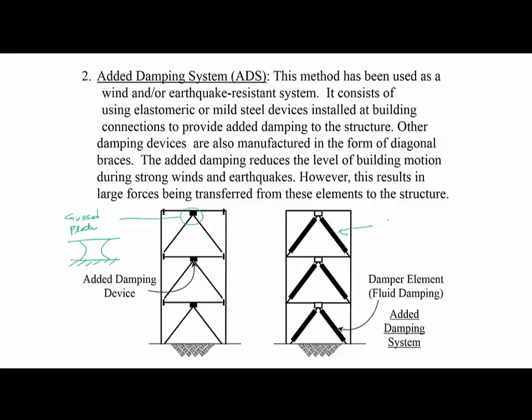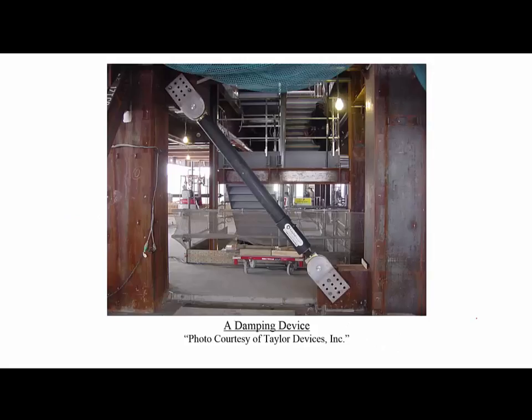These are sort of like the car shock absorbers that we use in cars, but they are much larger units, obviously, to be able to take the lateral loads from an earthquake. Dampers. This is a damper, as you see, in a building that's used for seismic resistant design.